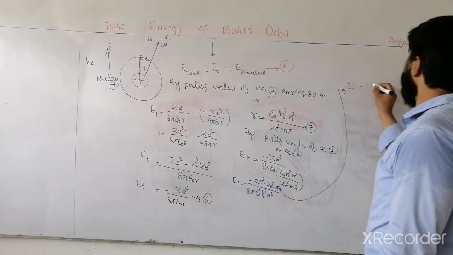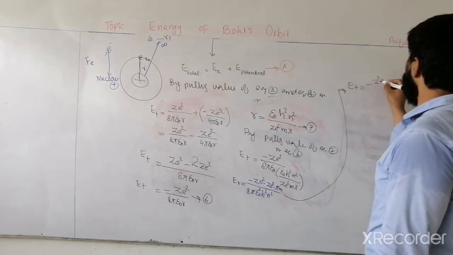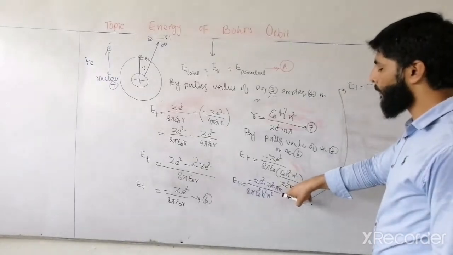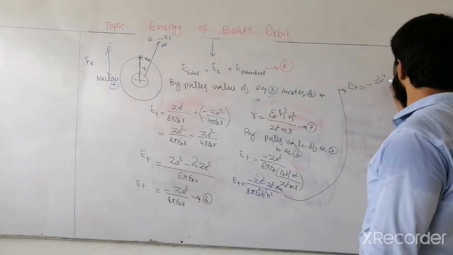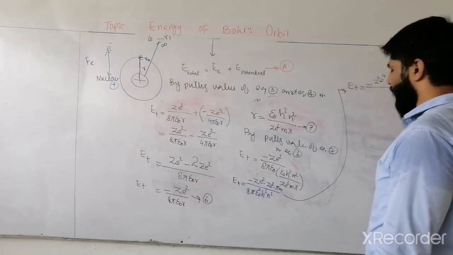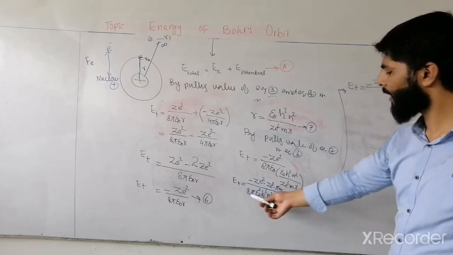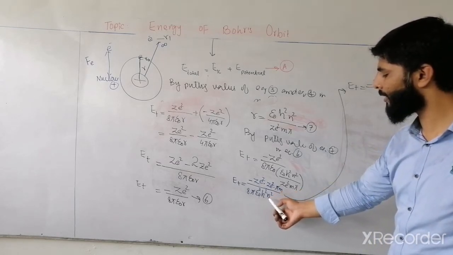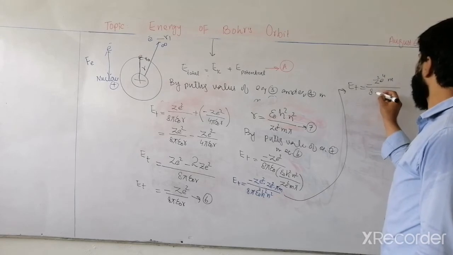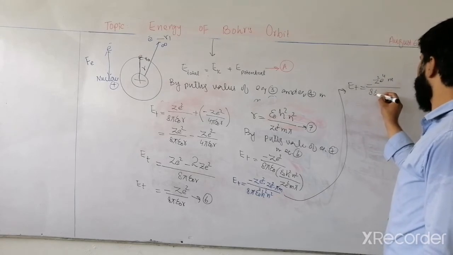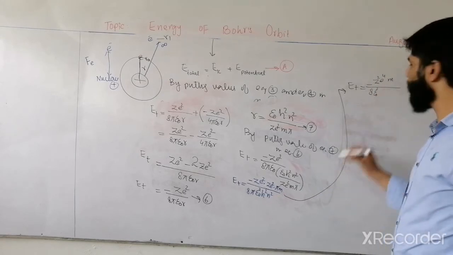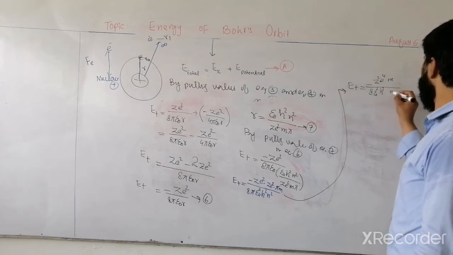We will get minus Z square E to the power 4 m divided by 8 epsilon naught square h square n square.